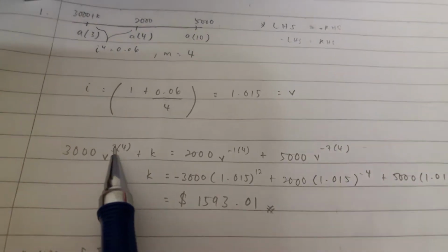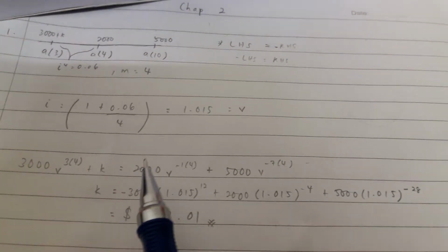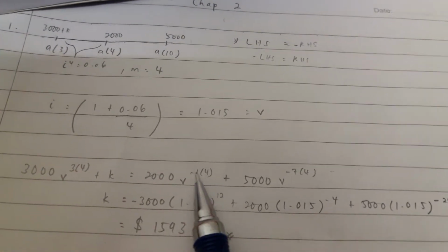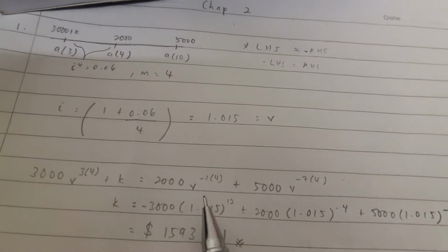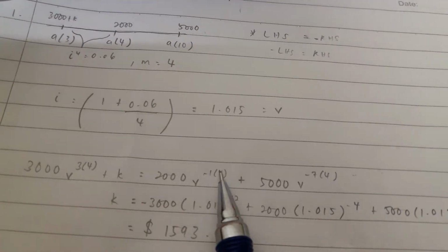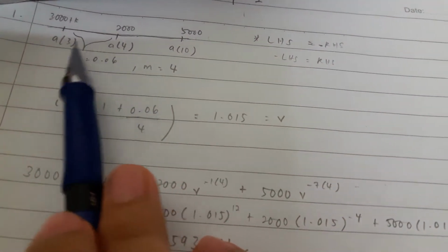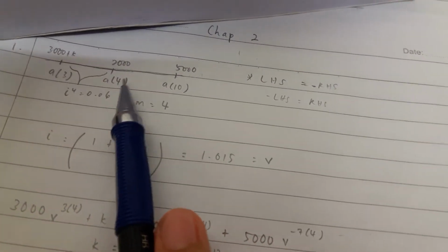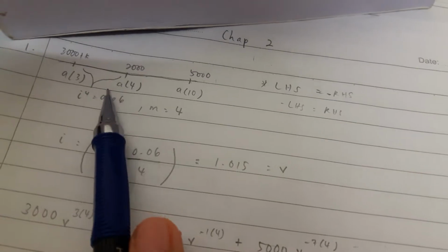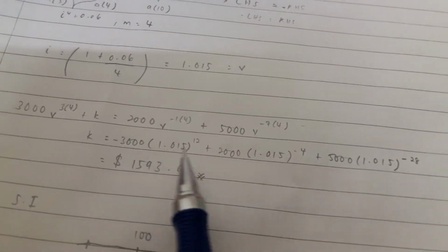The 4 is the m, and the 3 is this, plus k, and equals 2,000 v to the power of, we put it negative so that we can balance out the LHS and the RHS, negative 1 times 4 is m, where 1 is the difference between 4 and 3, plus 5,000 v to the power of negative 7 from the 10. The difference between 10 and 4 is 6, and the difference between 4 and 3 is 1, so 6 plus 1 equals 7, and then the 4 is the m, and then we'll calculate it all.